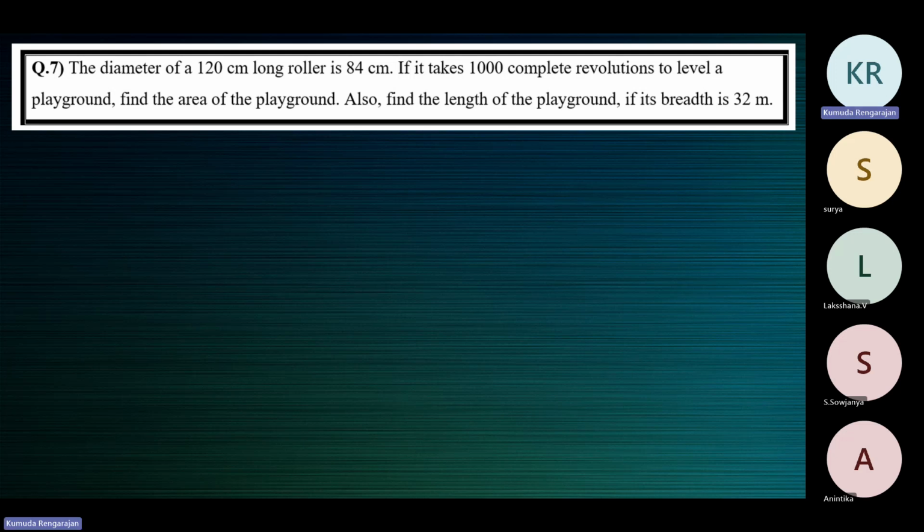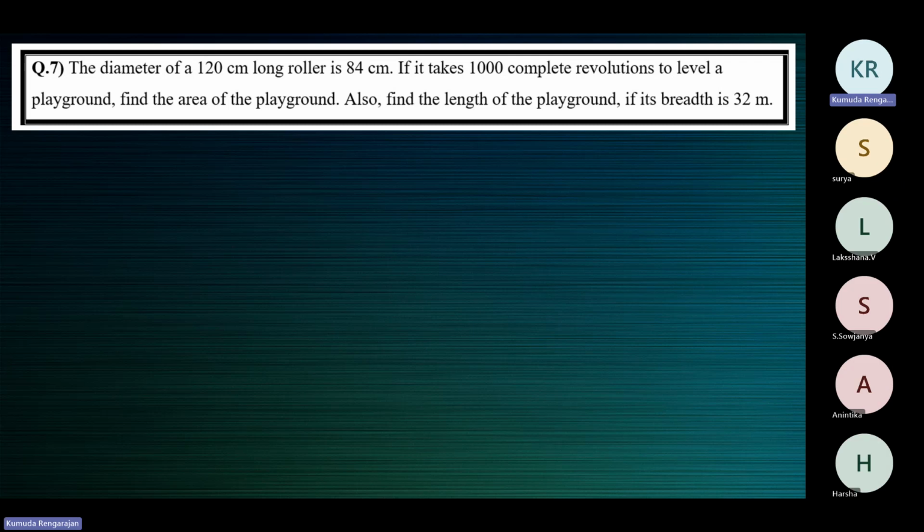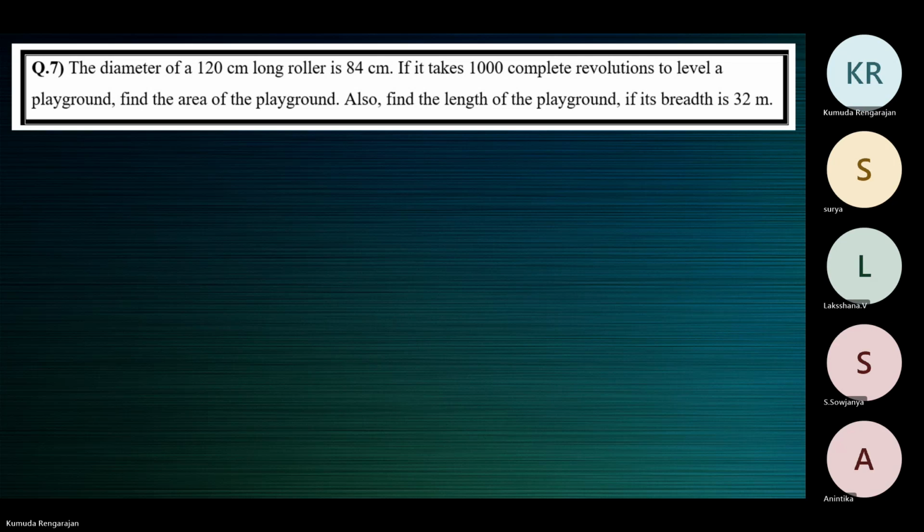When a cylindrical roller rolls over a surface, only the curved surface area touches it. So the area leveled in one revolution will be equal to the CSA, the curved surface area of the cylinder.